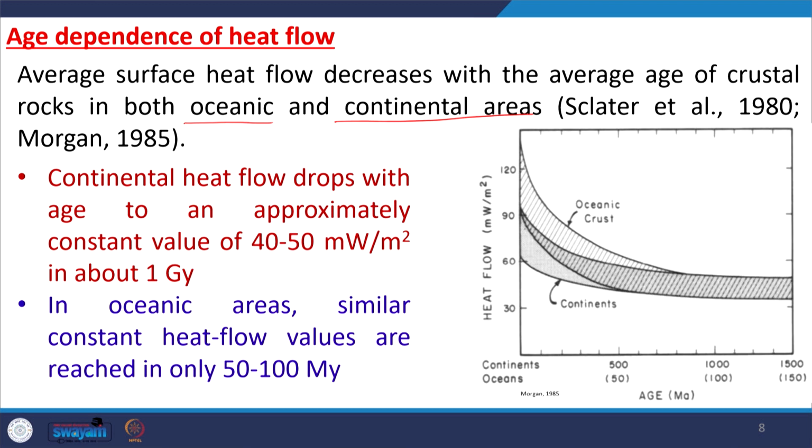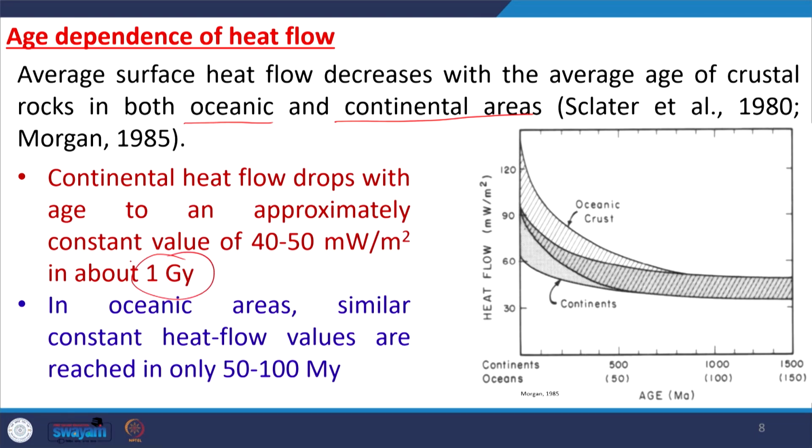At the mid-oceanic ridge, where the oceanic lithosphere is newly formed, you will find high heat flow, because it is close to the magma chamber and magma is continuously being supplied. But once you go away from the mid-oceanic ridge system, the heat flow gradually decreases.